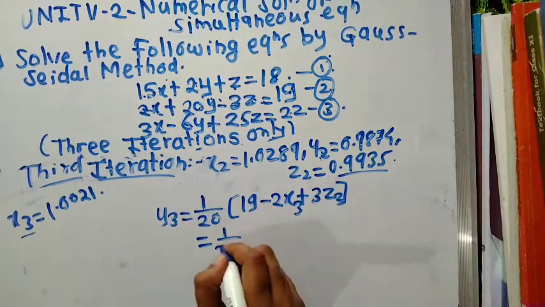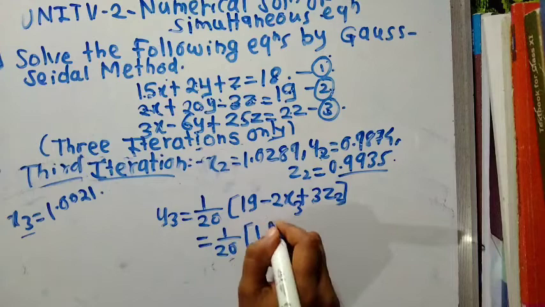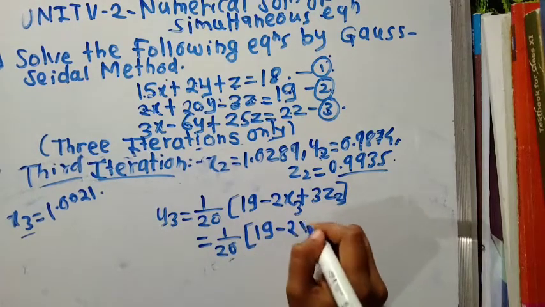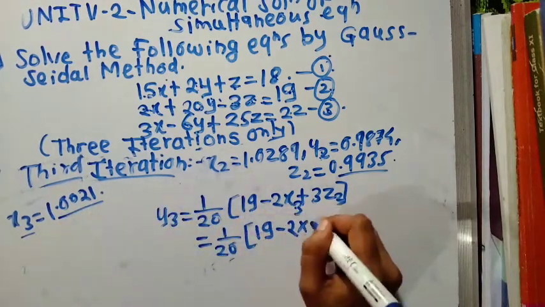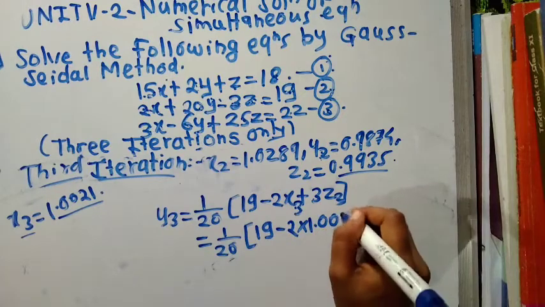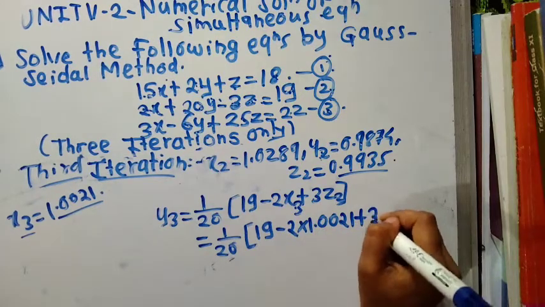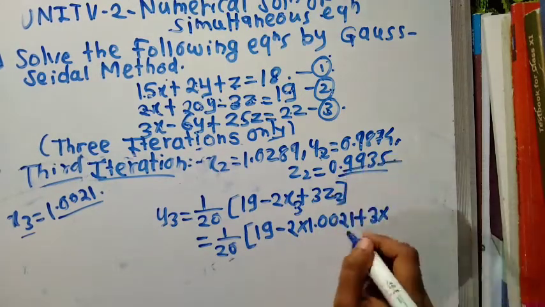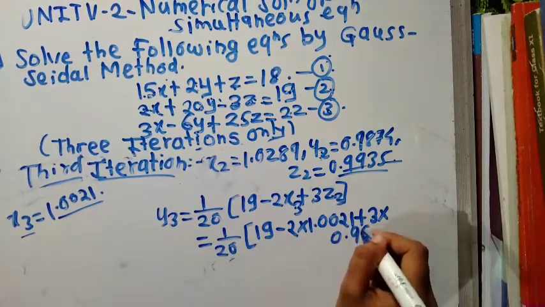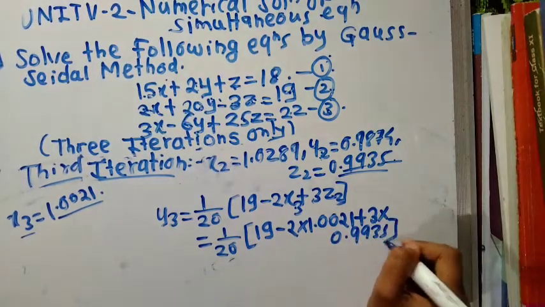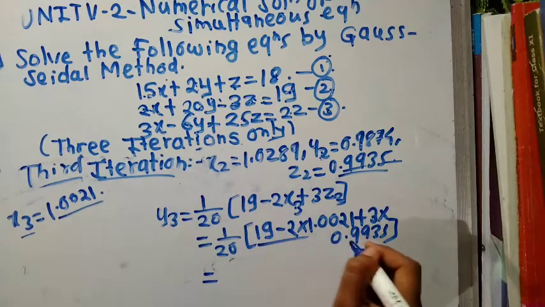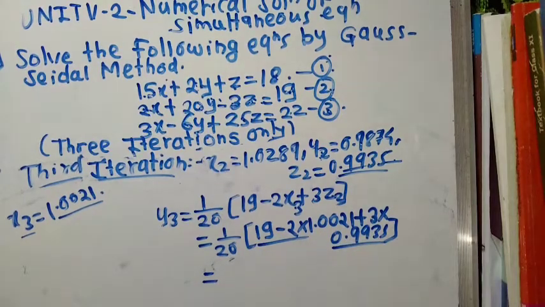So 1 divided by 20, 19 minus 2 into x3 is 1.0021 plus 3 into z2 is 0.9935. So first find out this value.